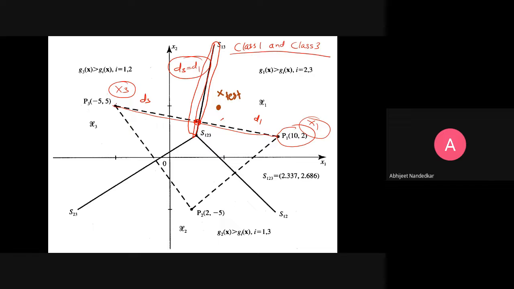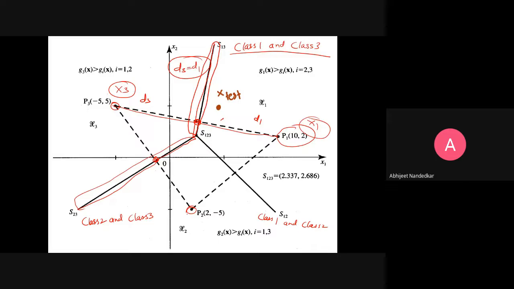Similarly, if I join point 3 and point 2, take the center point and draw a perpendicular, then this will be the decision boundary between class 2 and class 3. So this side will be class 1 and class 2.